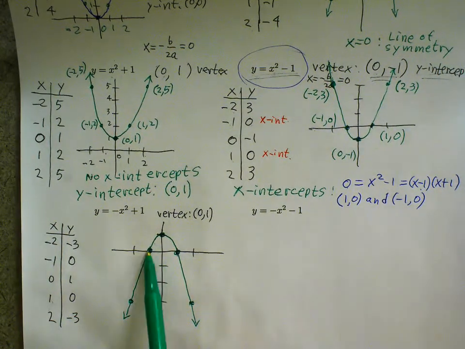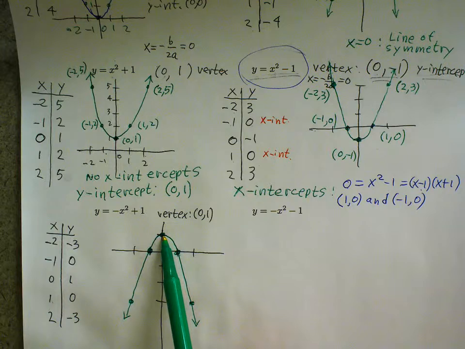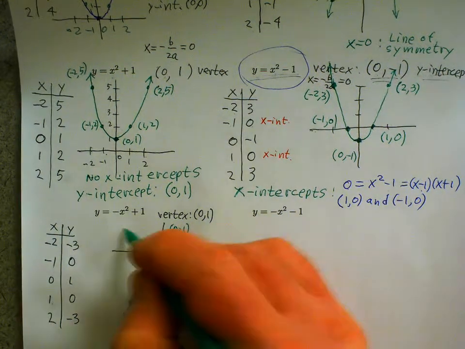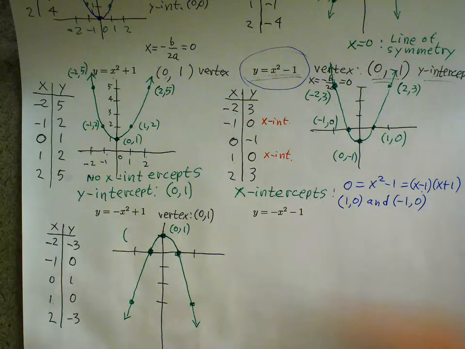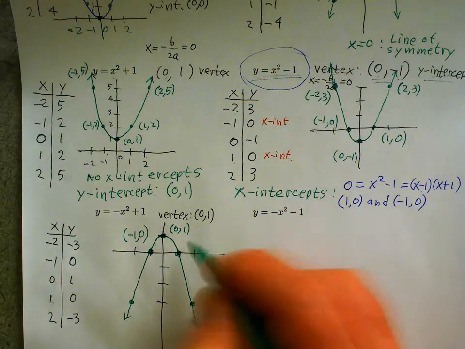Okay, in the process, we found the x-intercepts and the y-intercept, which is also the vertex. So we'll get into the habit of plotting points as ordered pairs.